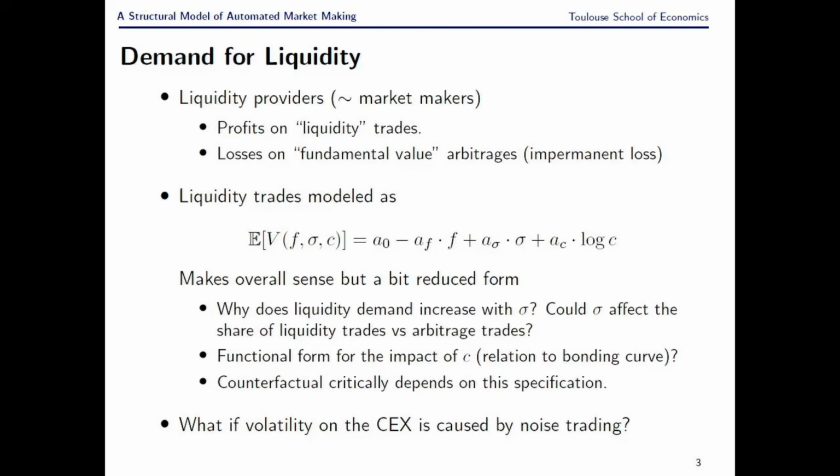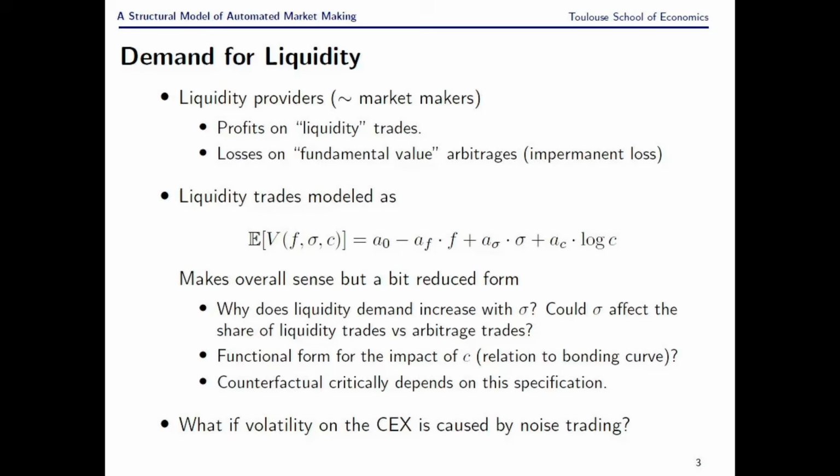And if this transaction is not motivated by some change in the fundamental value of the risky assets, so here it's swapping a stable coin against a crypto, then you're actually going to make a profit. So it's relatively similar to a market maker in a centralized market. You're making profits if the trade is not motivated by some change in the fundamental value.